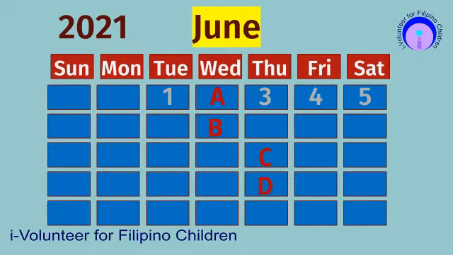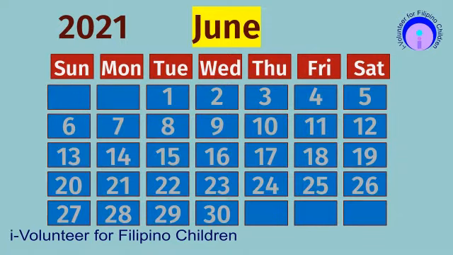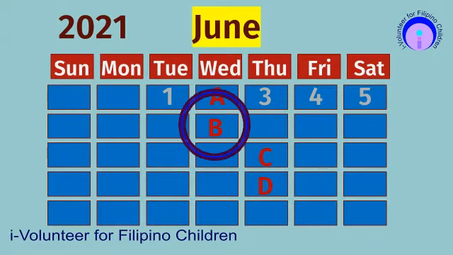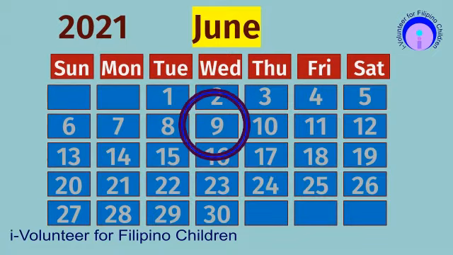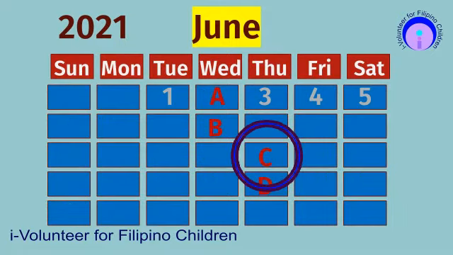After June 1st is letter A. Therefore, A is June 2, 2021. How about letter B? Anong petsa ang letter B? June 9, 2021. Anong petsa naman ang letter C?